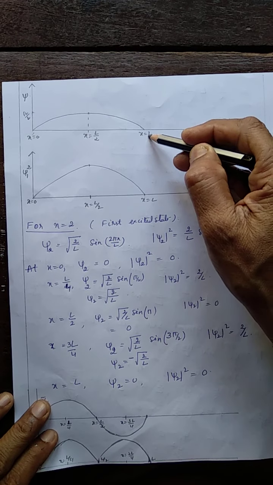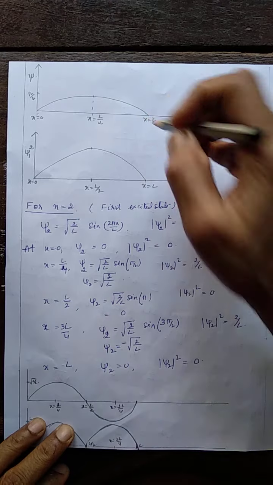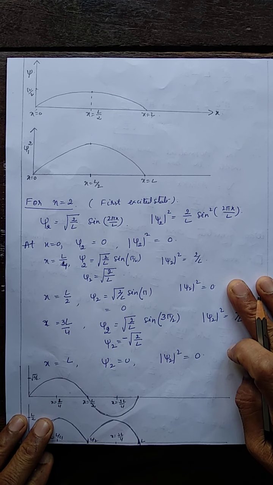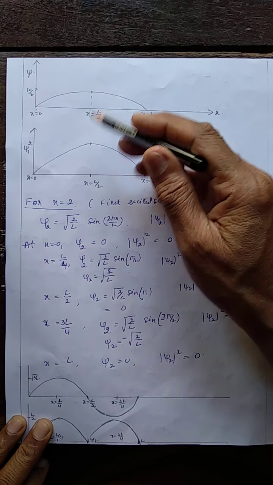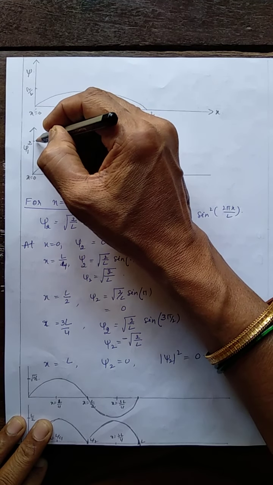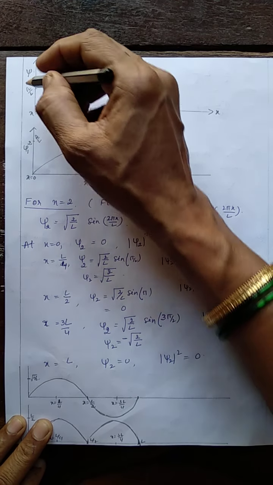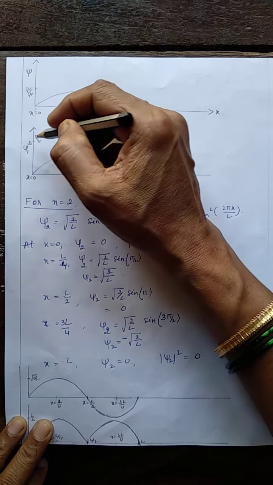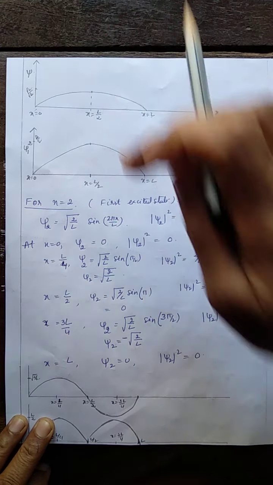This is the shape of the wave function in the first state, the ground state. Psi square means the square of this, so the maximum value becomes 2 by L. The difference is just that the magnitude is more.